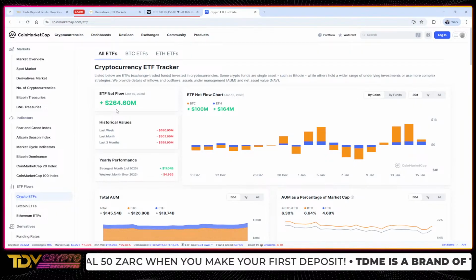Remember, crypto is a little bit different to FX. In crypto, we're talking about wallets, blockchain, ledgers, and the rotation of funds. This ETF tracker shows you how funds have been rotated.